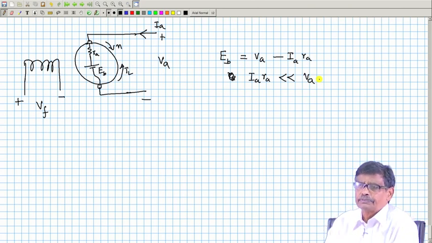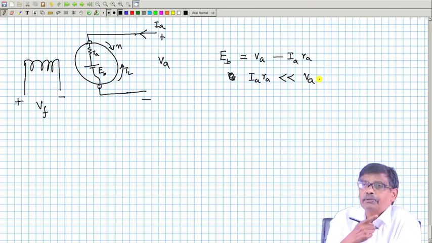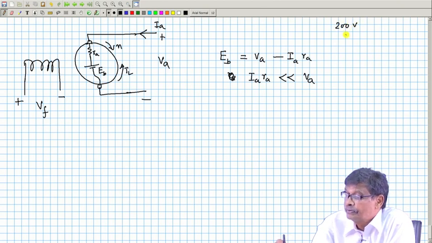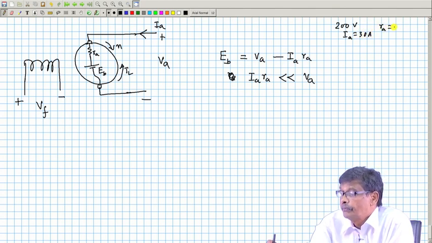Why? That we have also seen. Suppose, for example, in the earlier machine the supply voltage was 200 volt, the rated current was 30 ampere and Ra was say 0.5 ohm.